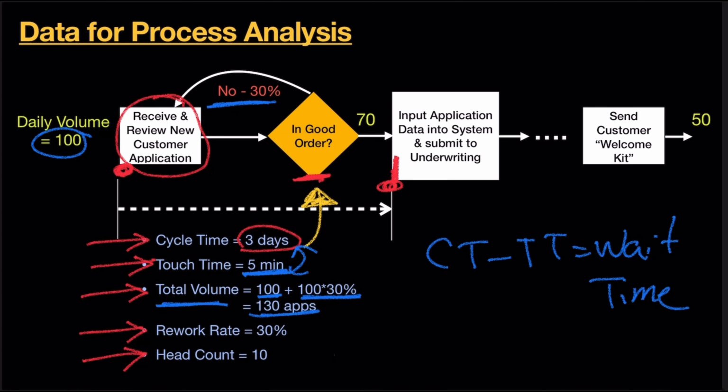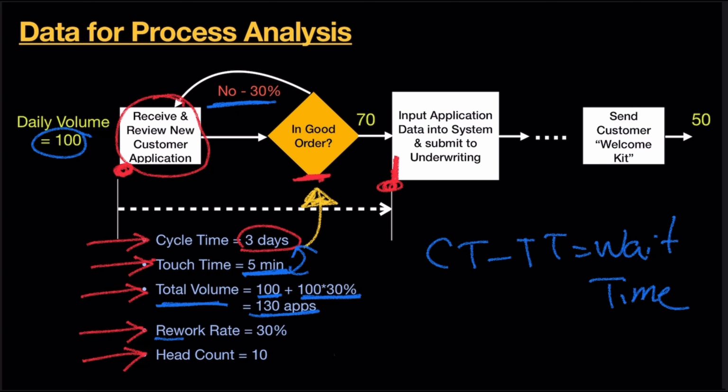So you've got this perpetual loop of 130 applications that are being processed by this one team. And that's again important to understand, because the higher your rework rate, the higher your rejection when you do a review of something, the more you have to reprocess that same work. And again, that creates bottlenecks.